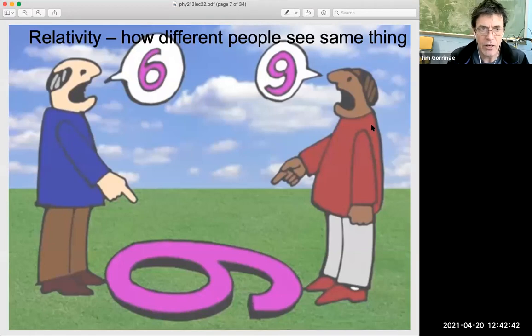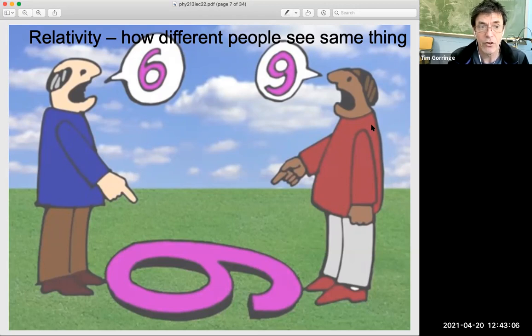And in this little cartoon, our two friends here are arguing about the number on the ground, and one is arguing that it's 6 and one is arguing that it's 9, and so they're seeing that same object as different, a 6 or a 9. So that would be something that's relative to them.